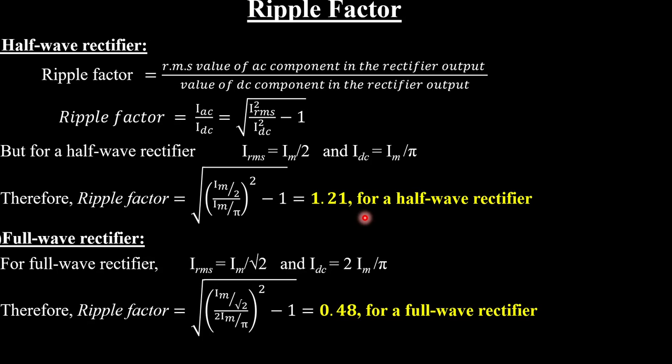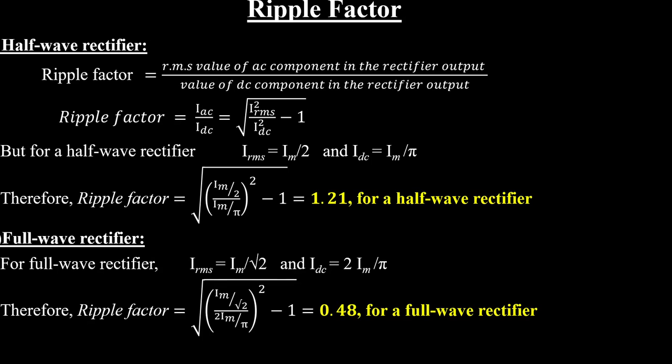So when the ripple factor is smaller, the effectiveness of the rectifier is greater. That is the conclusion we can obtain from the measurement of the ripple factor.